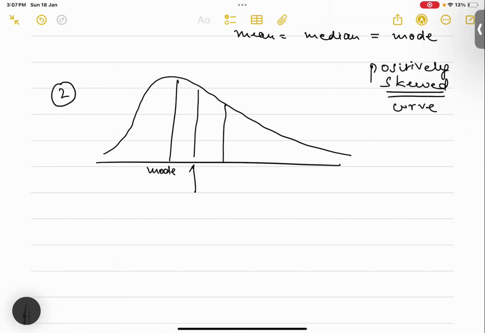This is mode, this is median, and this is mean. So for a positively skewed curve, mean is greater than median is greater than mode.